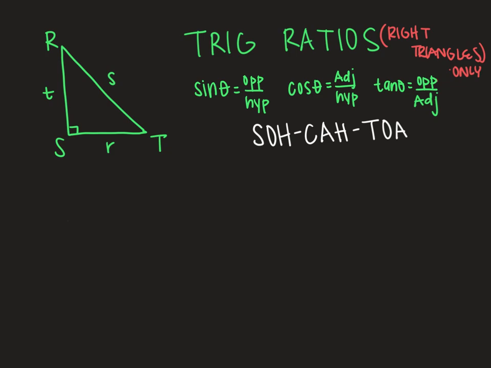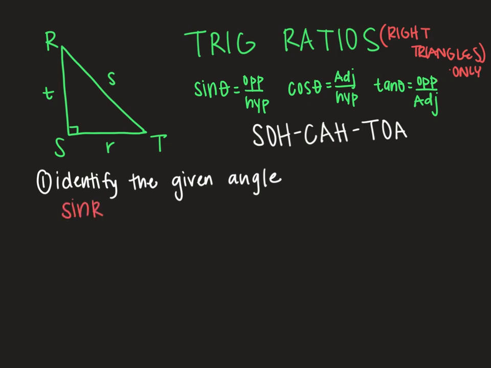Okay, so how do these trig functions relate to this triangle over here? First off, we have to have a given angle. In all these problems, you're going to be given an angle, it might be a measure, it might just be the letter of the angle. So first, you need to identify the given angle. Let's say I wanted to find sine of r, cosine of r, and tangent of r.